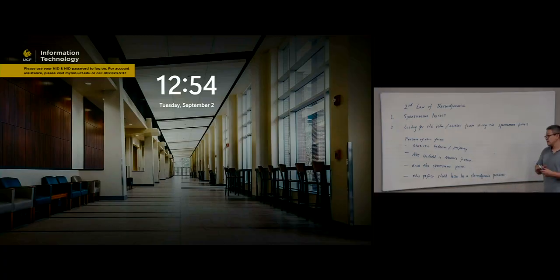This factor should better be, or should be better. It doesn't matter. Should be better or should better be. What's the difference? You can tell me, I'm not a native speaker. This factor should better be a thermodynamic parameter.